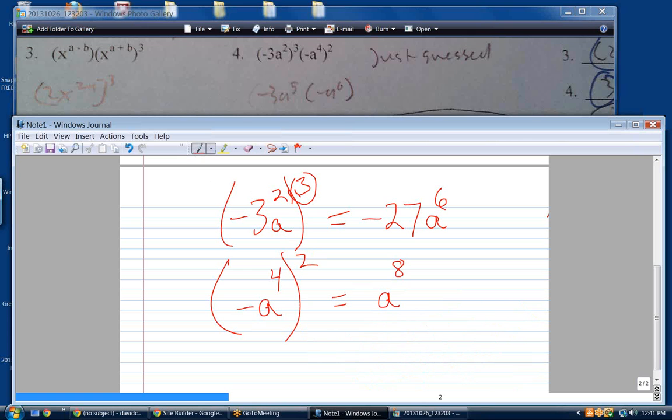Okay, so now we're multiplying minus 27a to the 6th times a to the 8th. So what's that equal to?